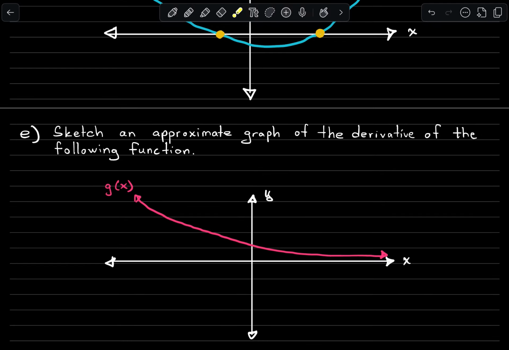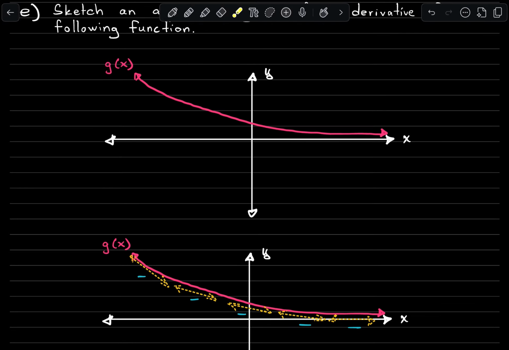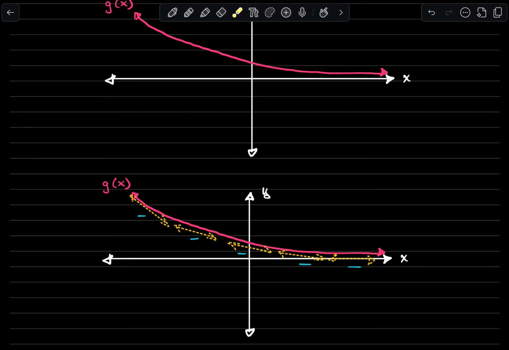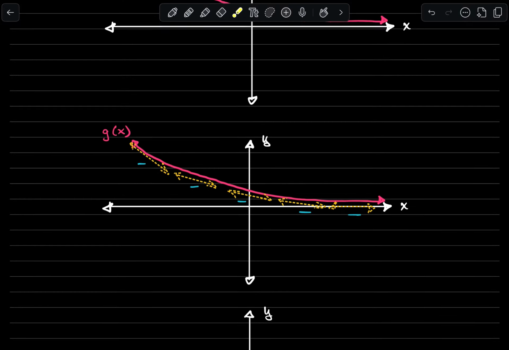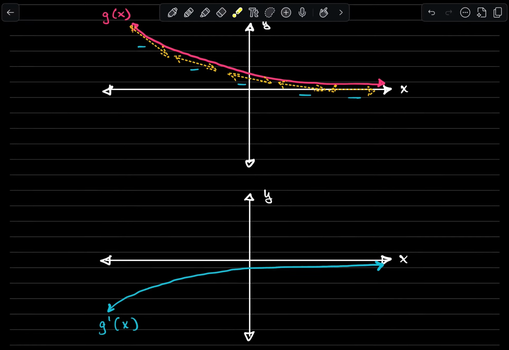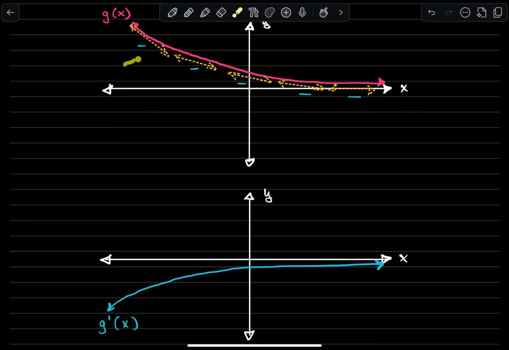And those slope values, again, are what we would want to be plotting here. Okay, so I've just drawn these hypothetical tangent lines. And those y values that we're making up are what we want to plot. So if this was a -20, then that might be a -20.